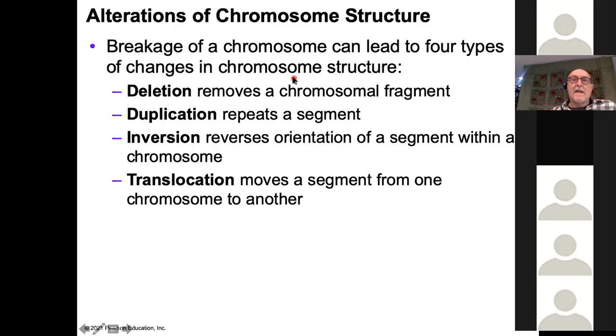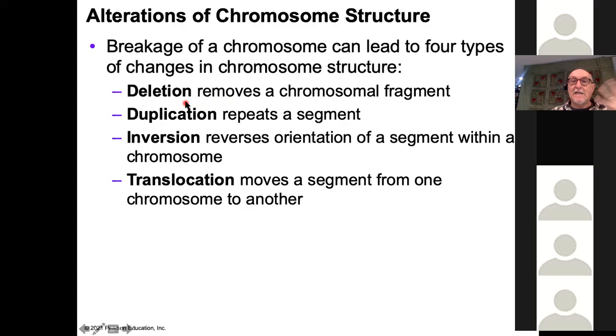There are other things that can happen to chromosomes. The chromosomes themselves can be damaged, especially during cell division. During meiosis, for example, the crossing over process in prophase 1 is sometimes inaccurate and can lead to chromosome damage.